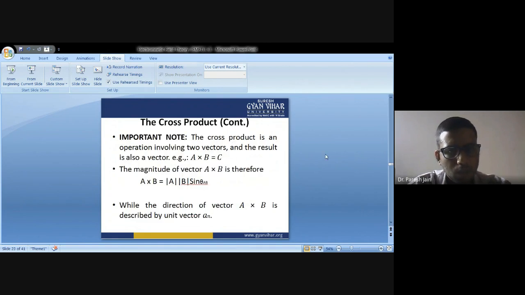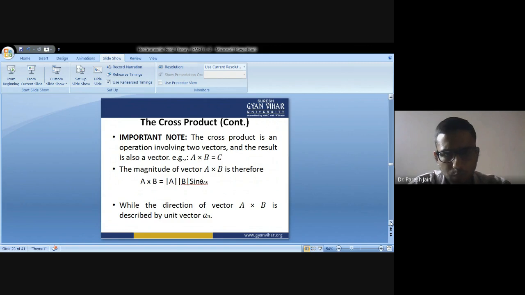Important note: the cross product is an operation involving two vectors, and the result is also a vector. That is, A cross B is equal to C.